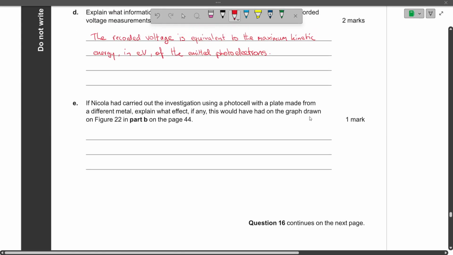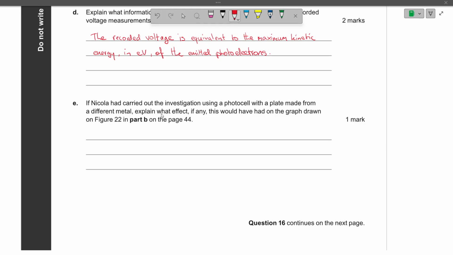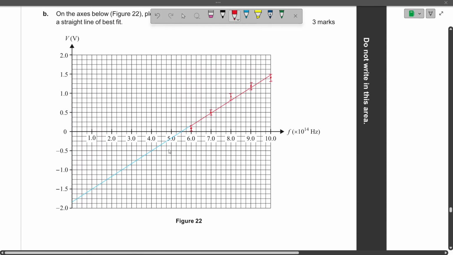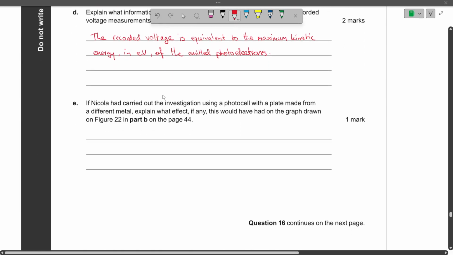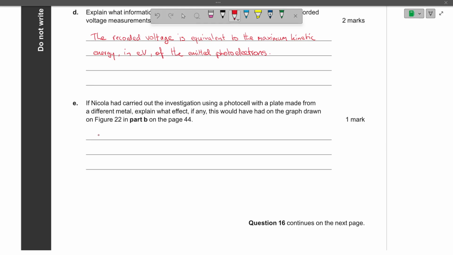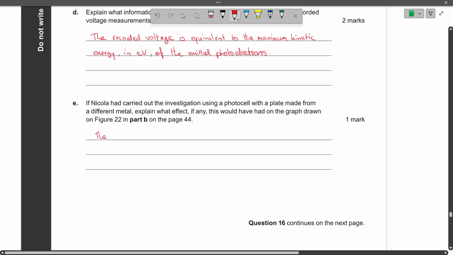And we're nearly done. So part E: if Nikola had carried out the investigation using a photocell with a plate made from a different metal, explain what effect, if any, this would have had on the graph drawn on figure 22. So how would the graph look different if it was a different metal that she had used? I would just say something like the graph would be translated up or down with the same gradient.